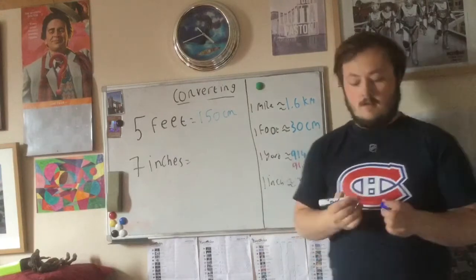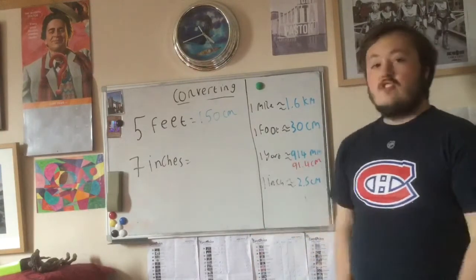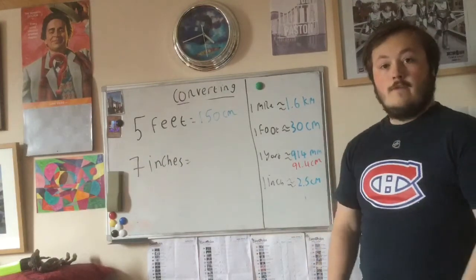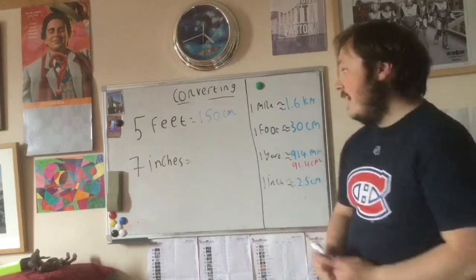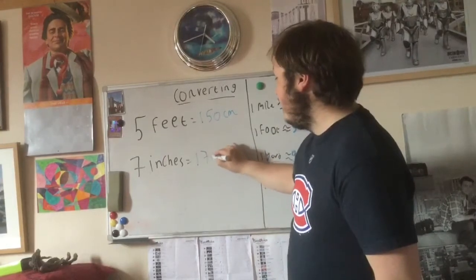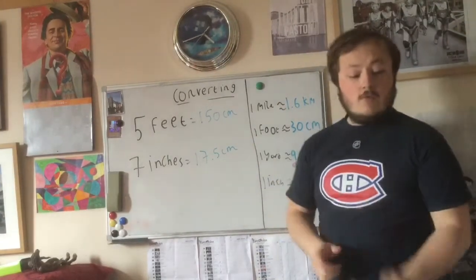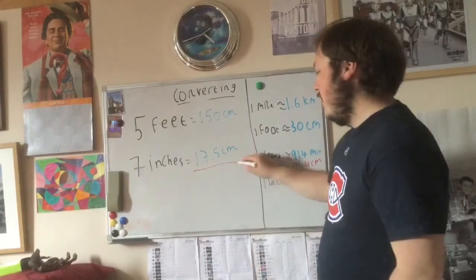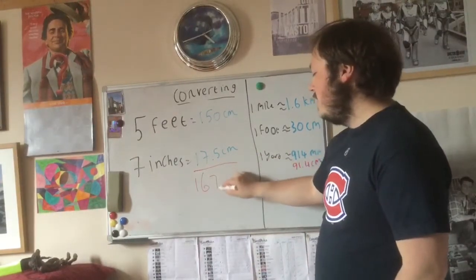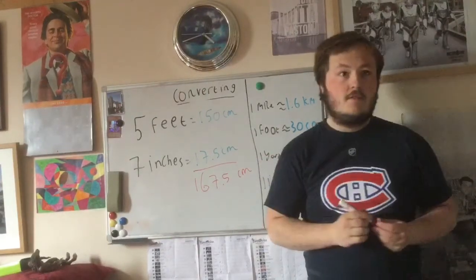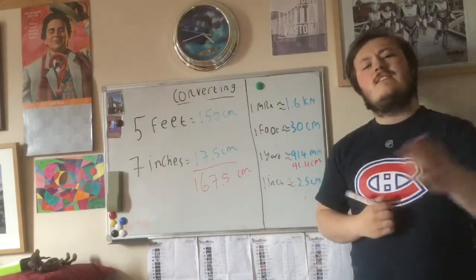centimetres. I'm also 7 inches, which is the equivalent of 2.5. So we do 2.5 multiplied by 7. That gets you 17.5 centimetres. So the total number of centimetres tall that I am is 167.5 centimetres. But how tall is that in metres?